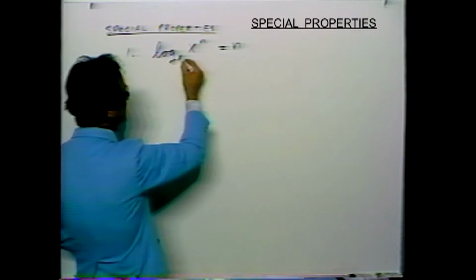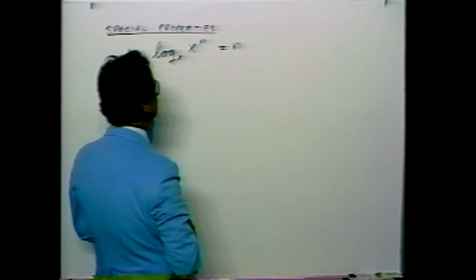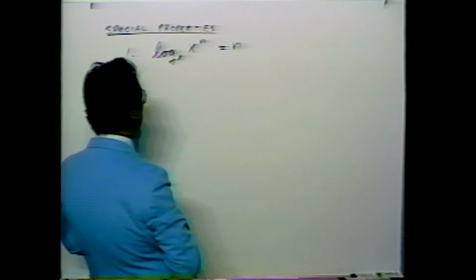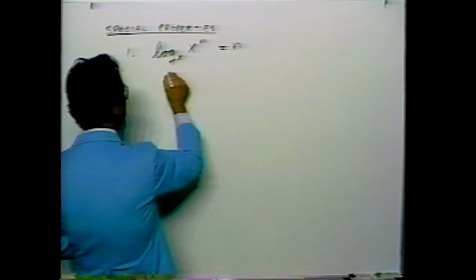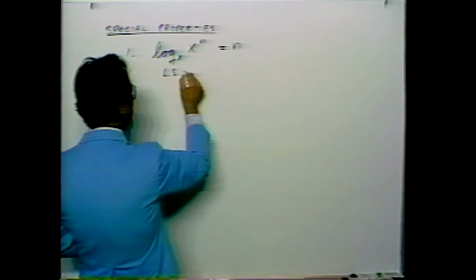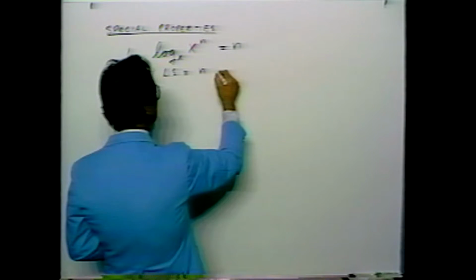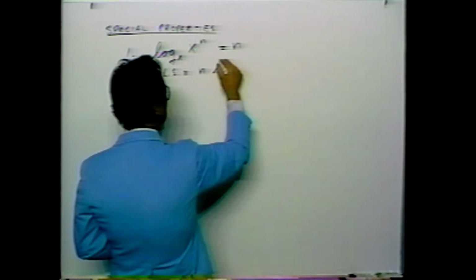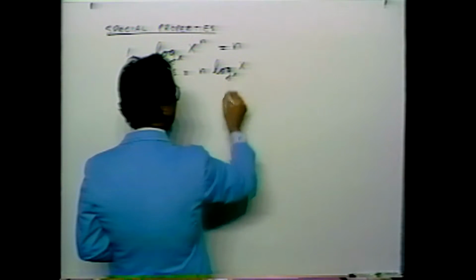Notice the base here is x, and this is a power, x to the nth. We can say that on the left side this is equivalent by the law of powers to n times the log of x to base x.